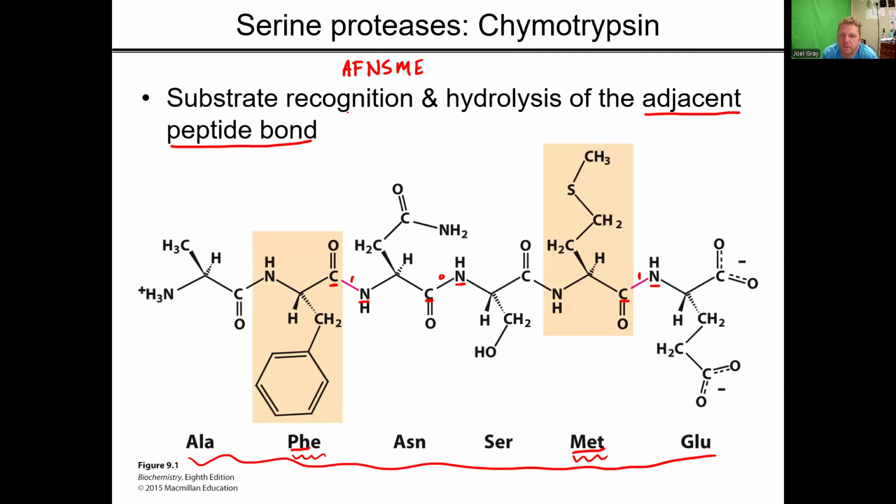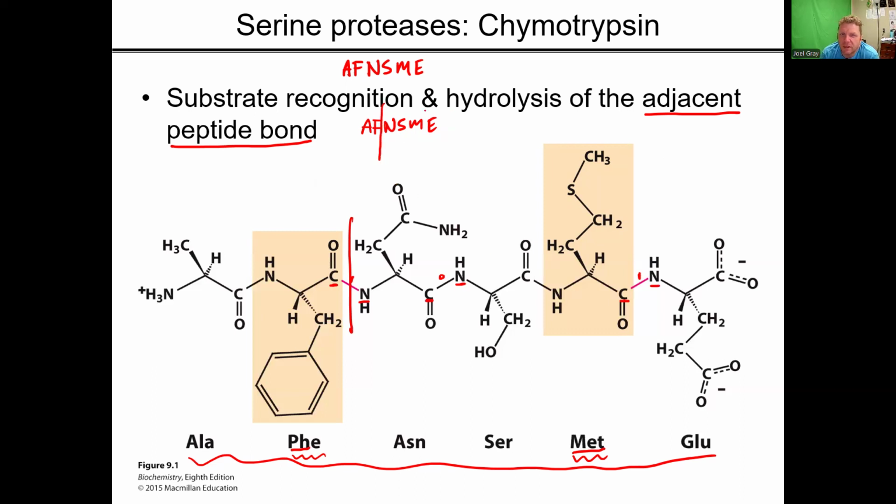So the way that I like to ask questions about this is, chymotrypsin will cut after, or it will take this polypeptide. And what will it produce? Well, it's going to cut here, which is the same as right here.